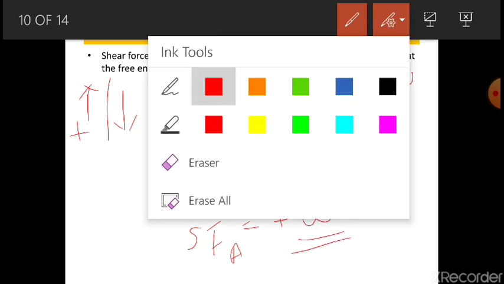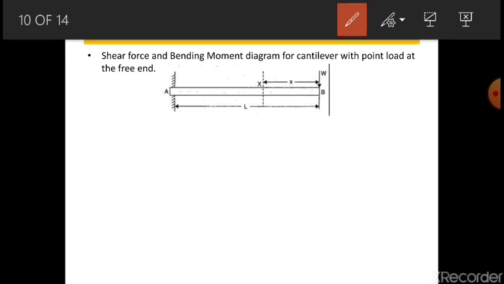Okay, understanding what I'm saying? So this is how you calculate the shear force at B, and shear force at A is the same, that is plus W, it is plus, don't forget to write plus. Okay, next, bending moment.